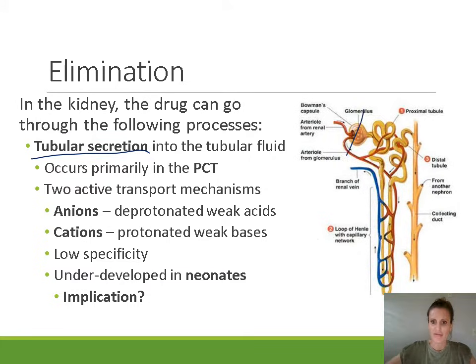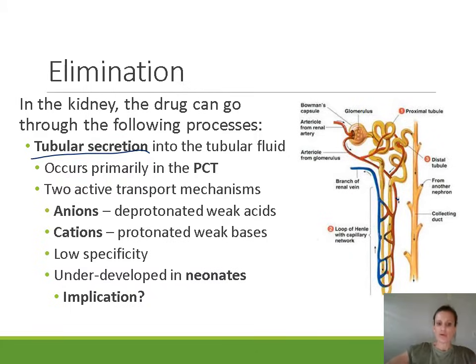So we already talked about filtration at the glomerulus. Then our fluid is going through the tubule. Remember, there's the proximal convoluted tubule, then there's the nephron loop or loop of Henle, and then there's a distal convoluted tubule. Sorry, the loop and then the distal convoluted tubule.